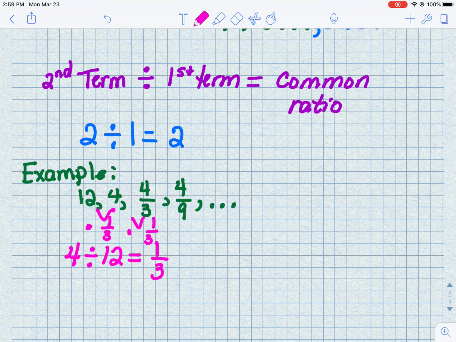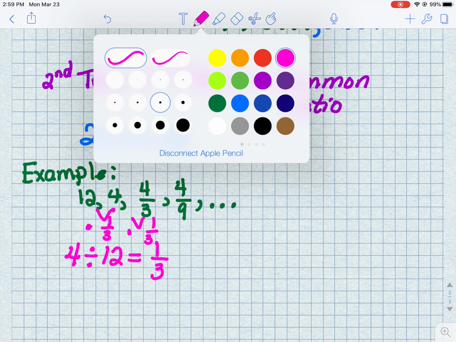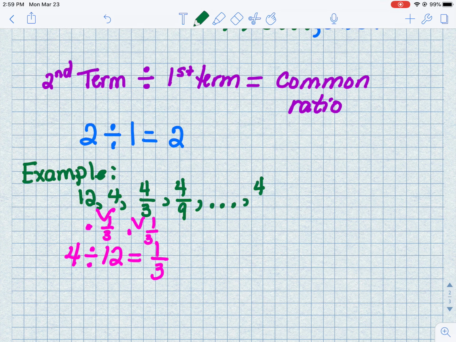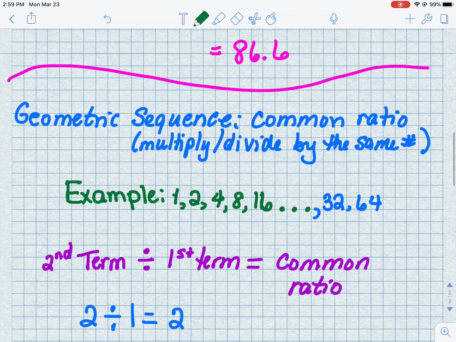Now you can always use your calculator and your math frac to figure this out. But the next couple terms are going to be times 1/3. So that would be 4 over 27, and then 4 over, what's 27 times 3? 81, and so on. Okay, so that's how you find a geometric sequence.